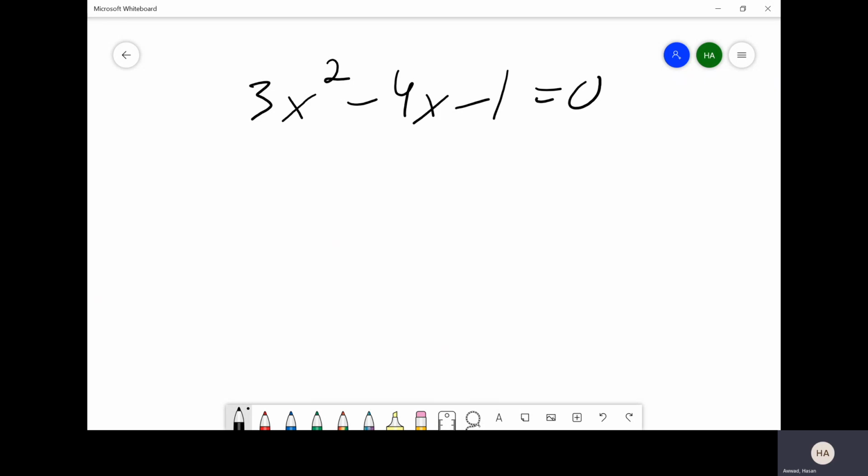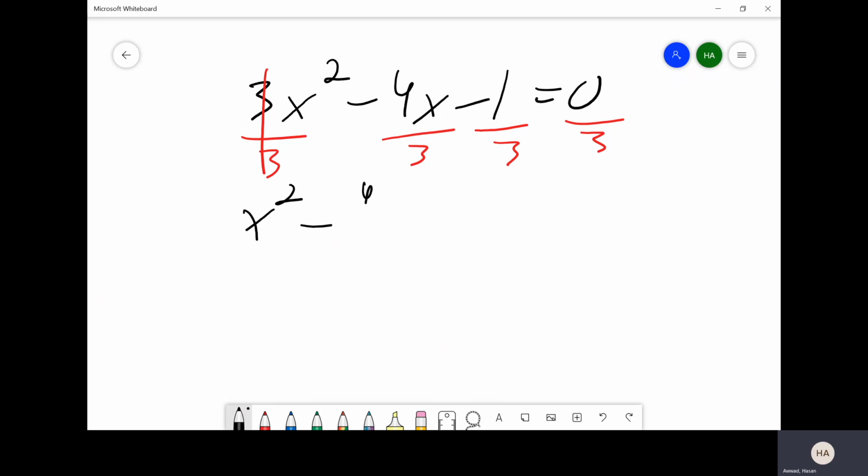So in this case, our coefficient is 3 for our x squared. That means I have to divide every single piece of both sides by 3. The reason is because we only want to deal with 1x squared. So now 3 divided by 3, great, that's going to cancel out. We're left with an x squared here.